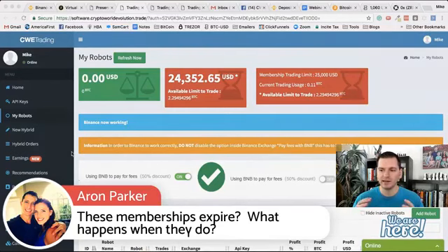And then you're going to get a weekly residual income from the profitable trades that they have in your 3x20 matrix. So it's a very cool comp plan. You're not only getting the yearly residual income, but you're getting the weekly residual income from their profitable trades. And that's pretty amazing. I like that.